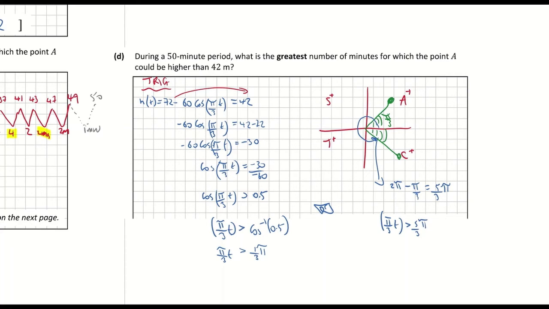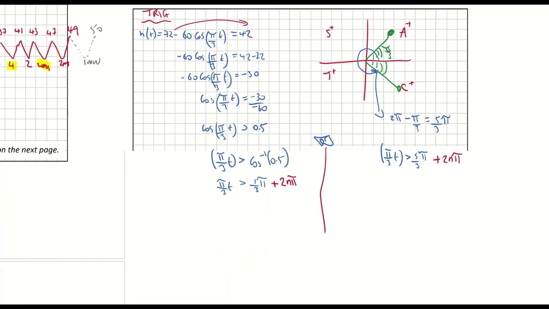Now I'm looking for the general solutions here, so I need to add on a rotation, so 2n pi, or 360 basically, and then here plus 2n pi. So I need to do out both of these now, general solutions, by subbing in values for n, 1 rotation, 2 rotations, and so on.